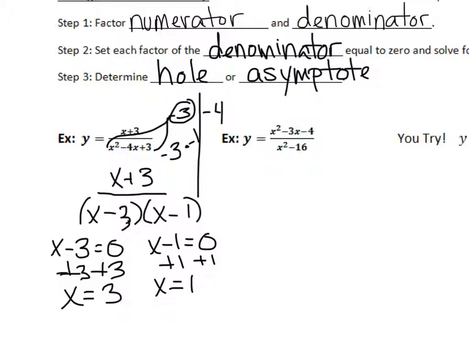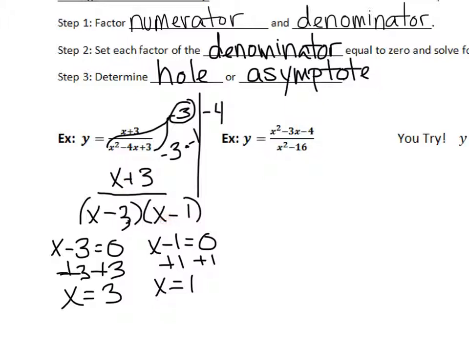Now we have to determine which of these is a hole and which of these is an asymptote. So I look at the beginning and I say, okay, I have an x plus 3 on top. Is there any of these parentheses that will cancel out, which means they'd be identical? The answer to that is no, because these aren't the same.